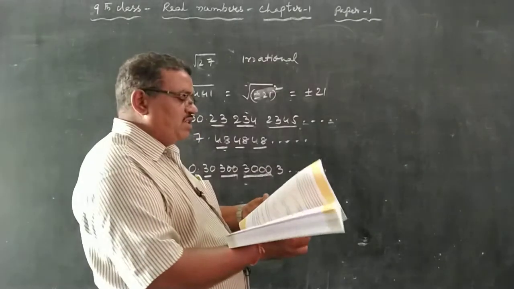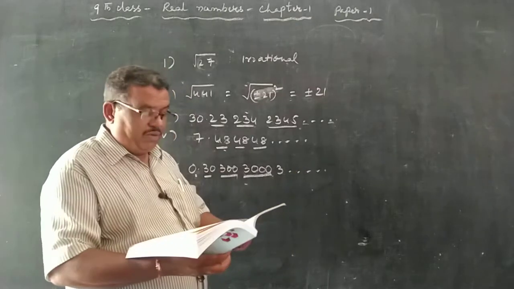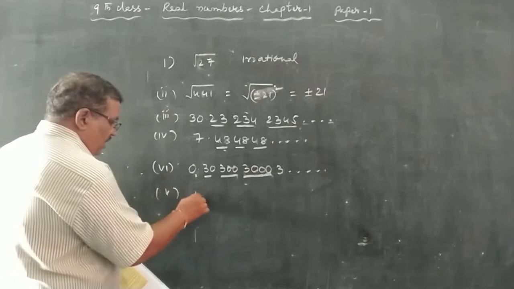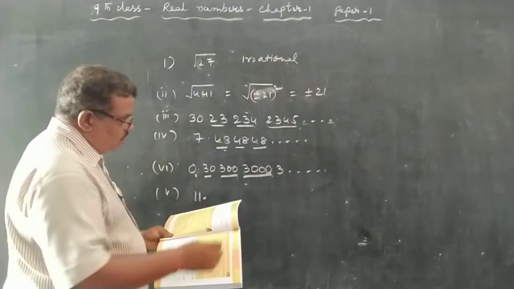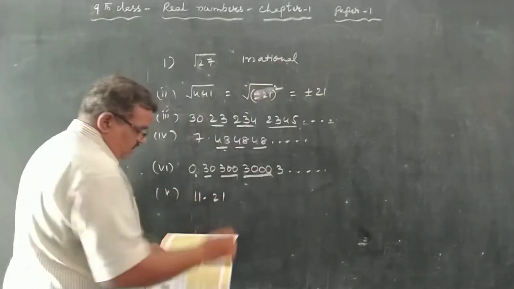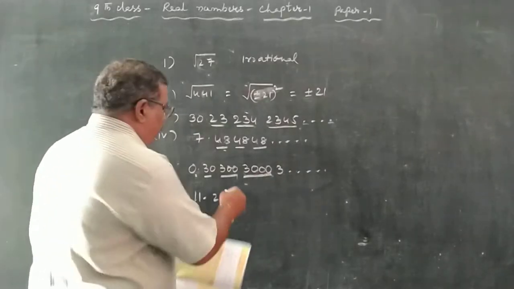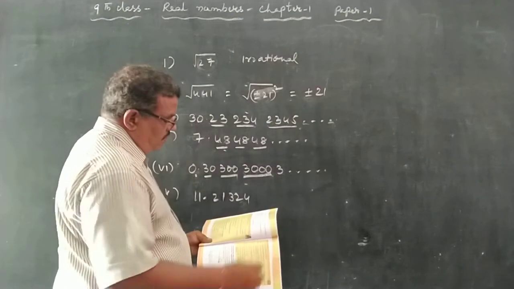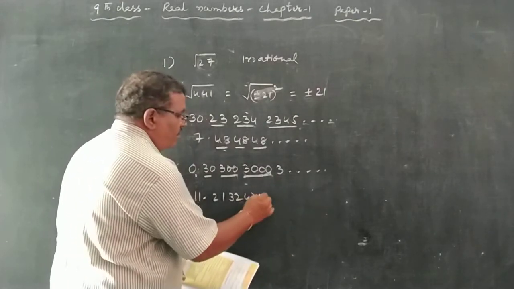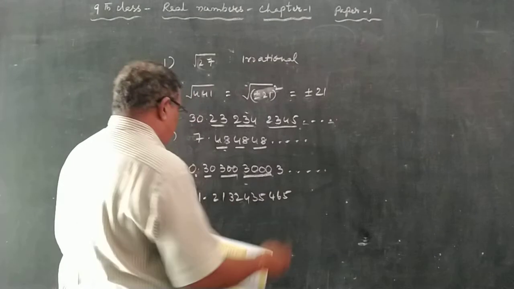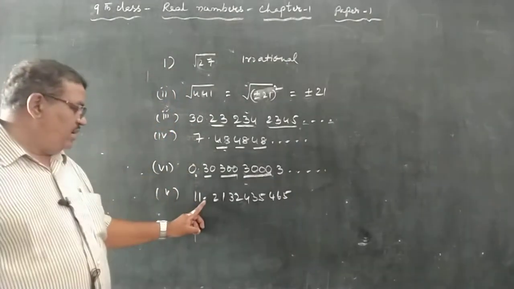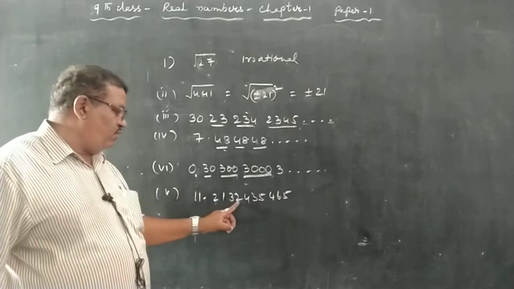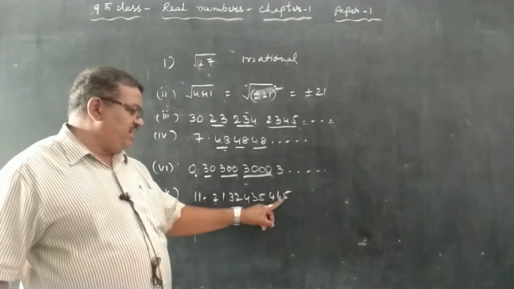Here is another example, the fifth problem: 11.2132435465. Let us see this one. After the decimal, how many digits are there? 1, 2, 3, 4, 5, 6, 7, 8, 9, 10.